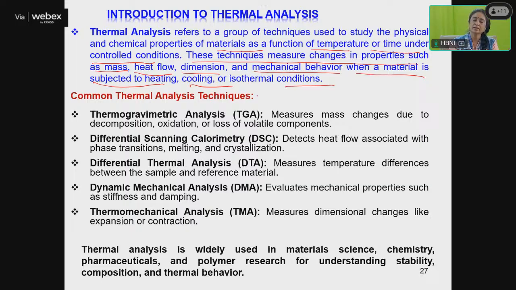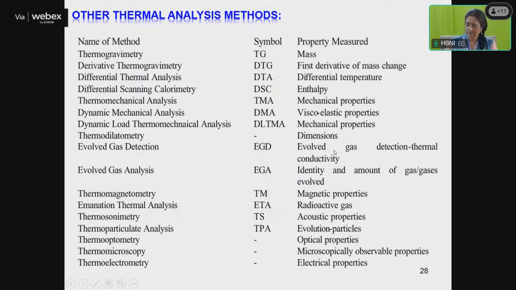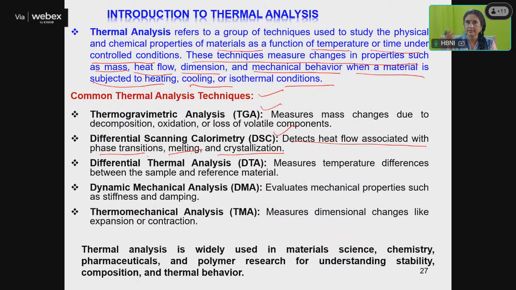Common thermal analysis techniques are TGA, that is thermogravimetric analysis, and differential scanning calorimetry, which detects the heat flow associated with phase transitions, melting, or crystallization. All these processes of phase transition, melting, or crystallization are heat absorbing or heat releasing, that is endothermic or exothermic reactions.